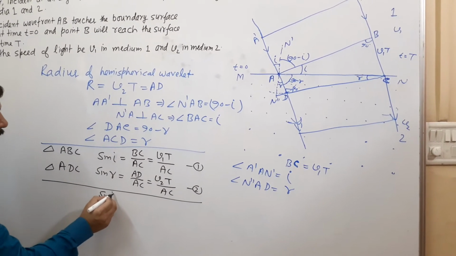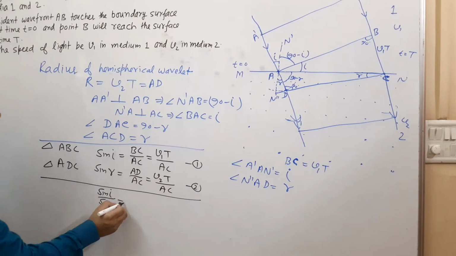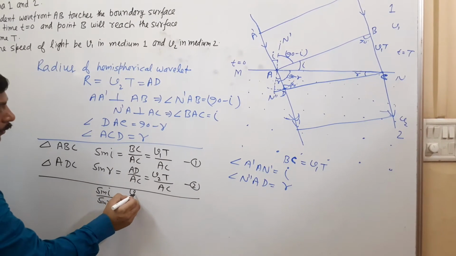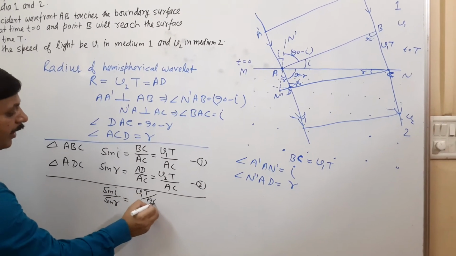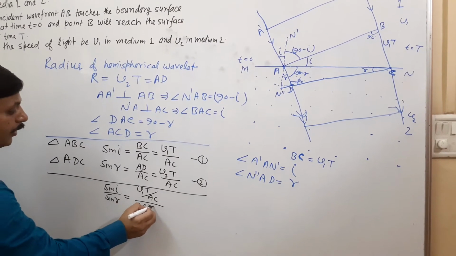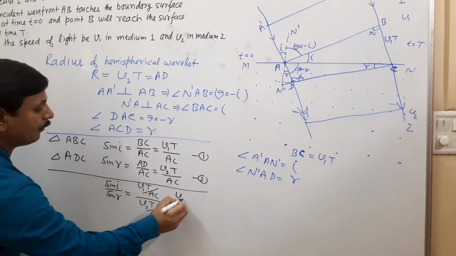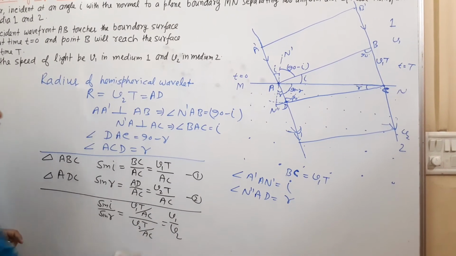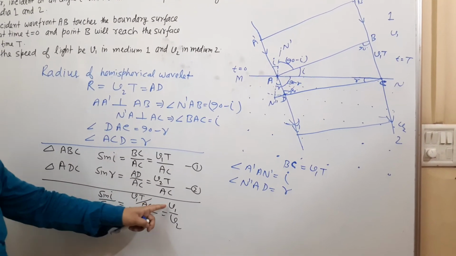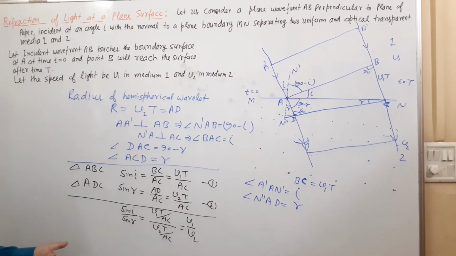sin I upon sin R is equal to V1t divided by AC, V2t divided by AC, AC, T cancel, V1 upon V2. So sin I upon sin R is equal to what? V1 upon V2.